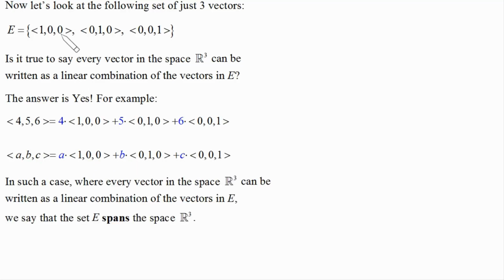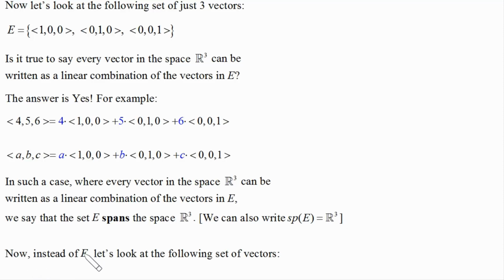Now, when this happens for a set E, that every vector is a linear combination of it, then we say that the set E spans, in this case R3, and in general it would be Rn. This relates to a previous concept we learned. We learned SP, the span of a set, so we can also write it this way.